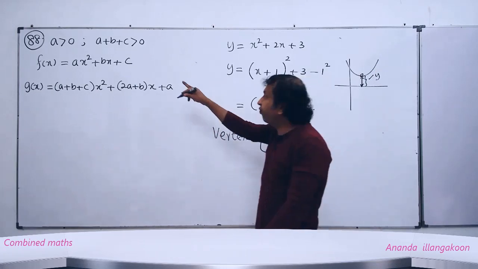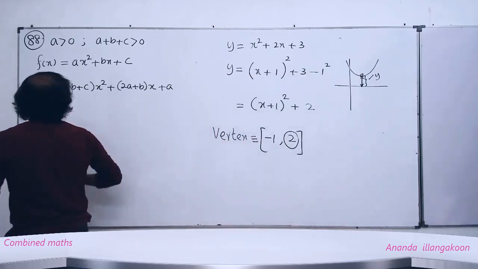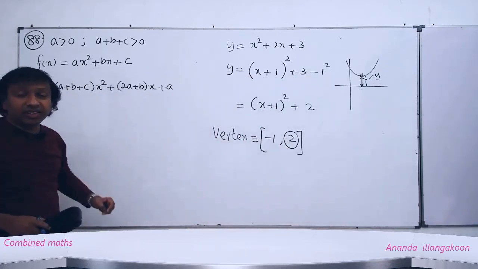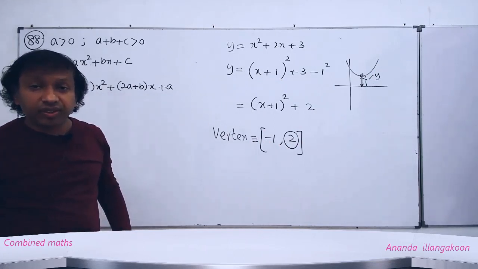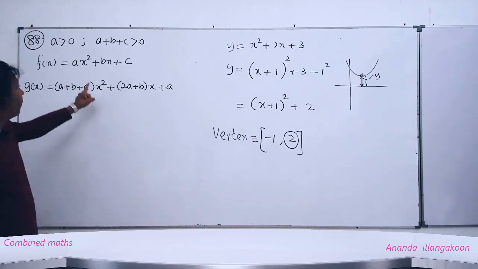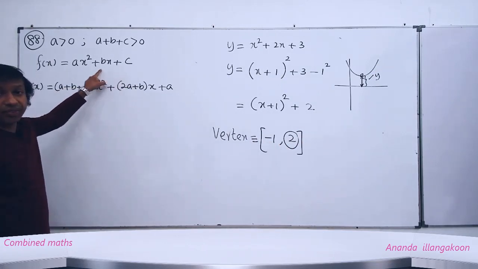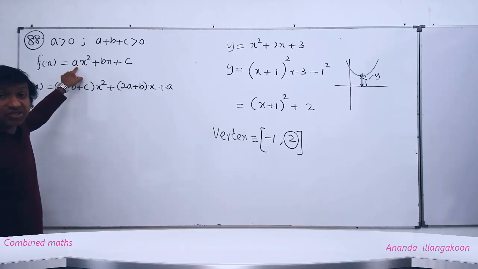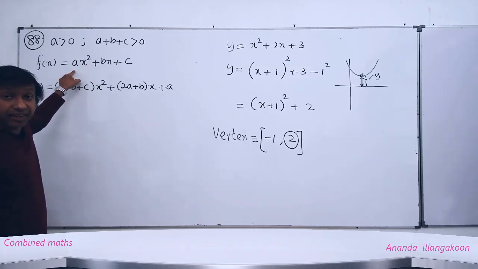Then for this fx also, people, we need to find what? That way, the y coordinate of the vertex. Understood? Then what do we do? We have to complete the square on the right hand side. But straight away you can't complete the square because x squared has a coefficient a. Before completing the square, x squared coefficient should be plus 1.